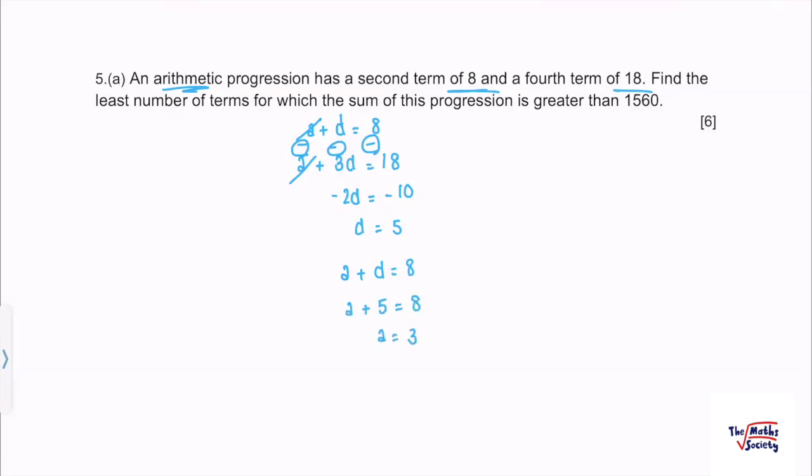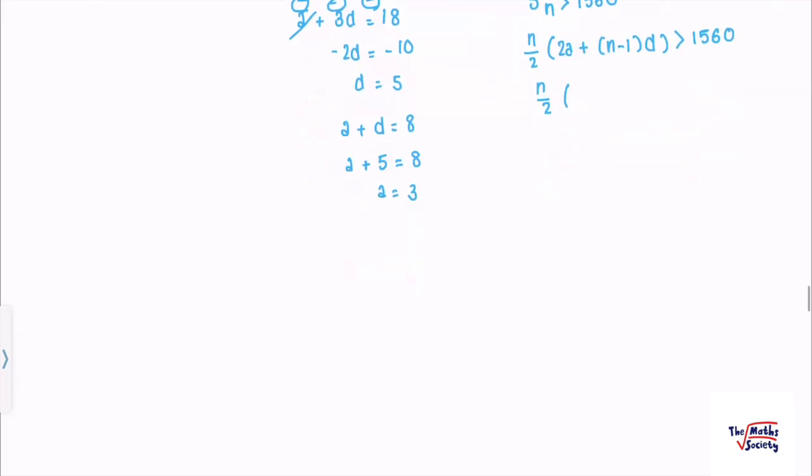And they say to find the sum for n terms greater than 1560. So the sum has to be greater than 1560. So we know that n over 2 times 2a plus n minus 1 d, that's the formula, is greater than 1560. And we know that a is 3, so it's 6 plus n minus 1 d, which is 5, greater than 1560.